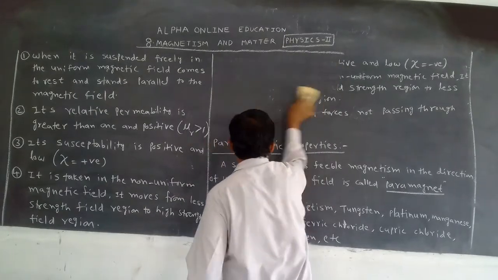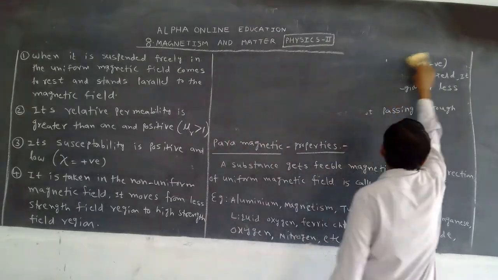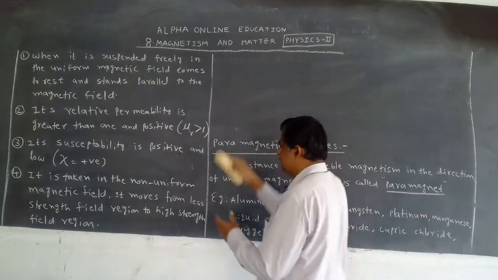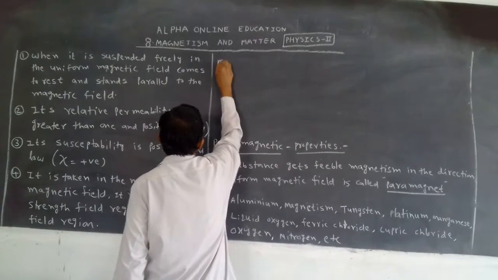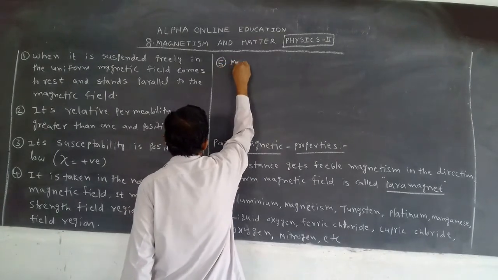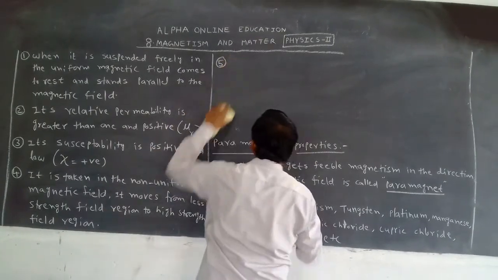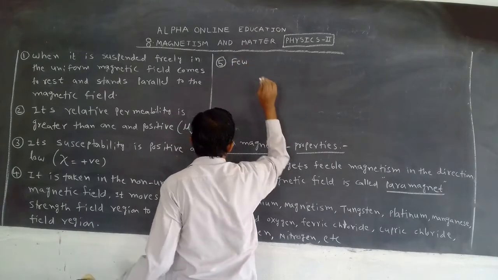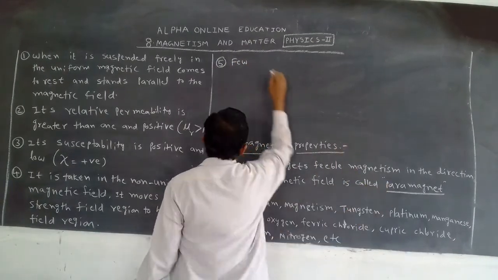And next, the last property for the paramagnet. Few means very little, very less.